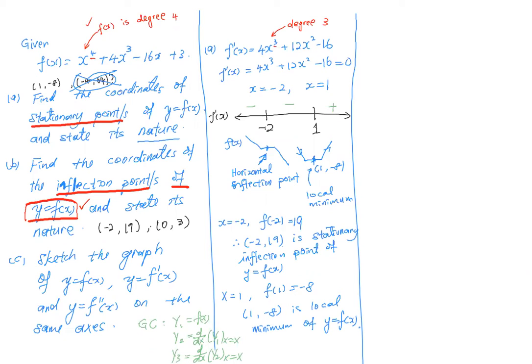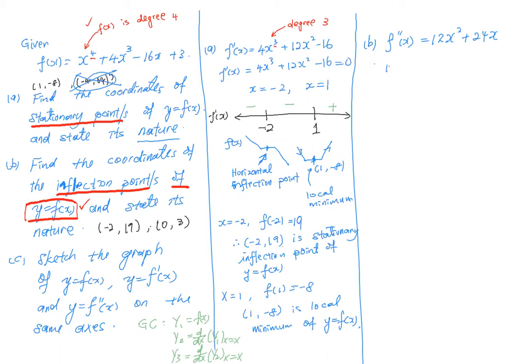Okay. So for part B, you're supposed to differentiate this. f''(x) is 12x squared plus 24x, right? So inflection point means f''(x) equal to 0.